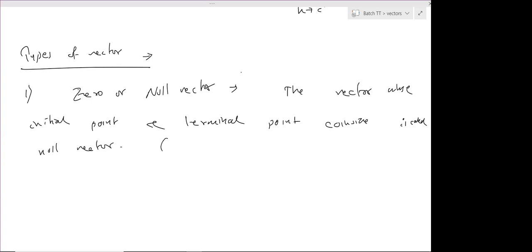Magnitude would be 0. Yes or no? Yes, sir. Right. AA vector, BB vector, CC vector. If there is a single point, this vector will be a null vector.